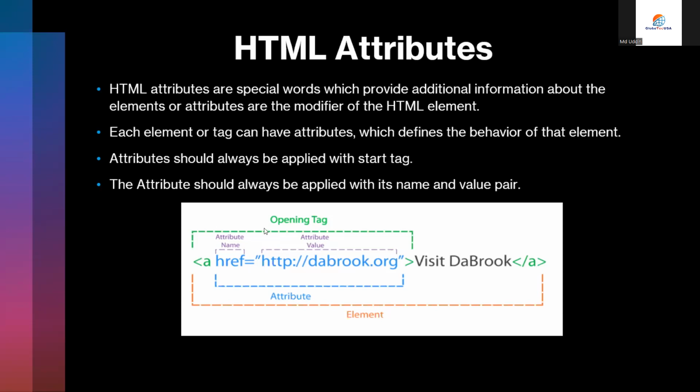So this whole thing is an element. Within that element, you have an attribute. That means another, extra information of visit Darbrook. So how you visit Darbrook, that information is given here, like http://darbrook.org. That's why you use the attributes.